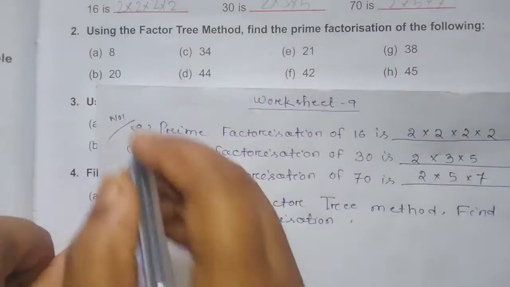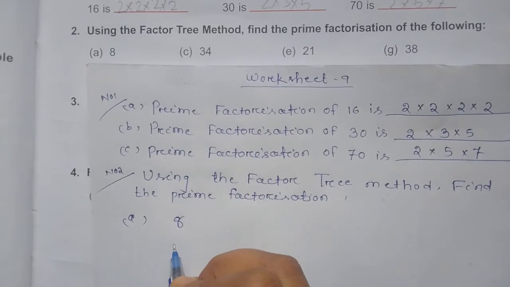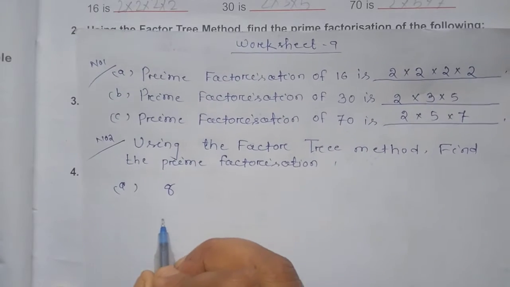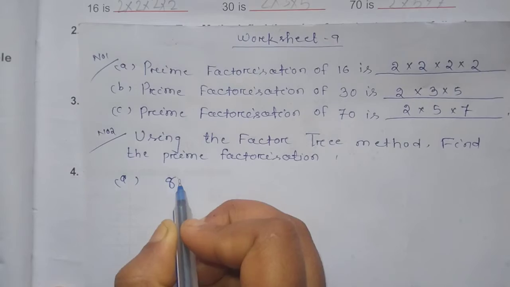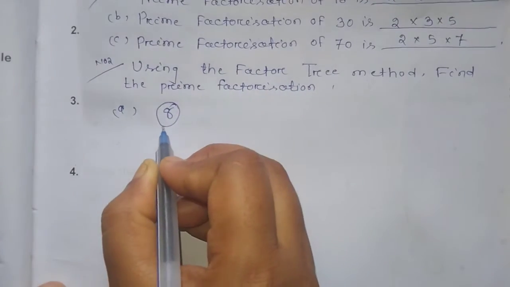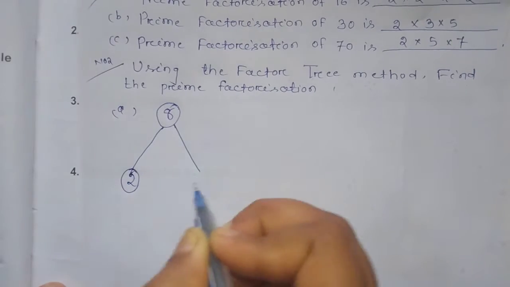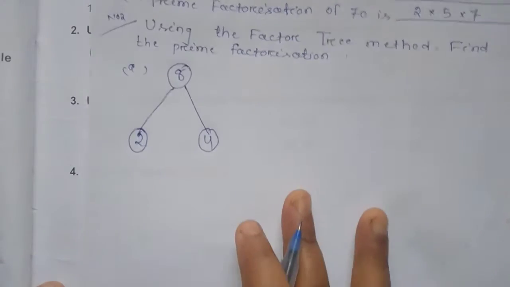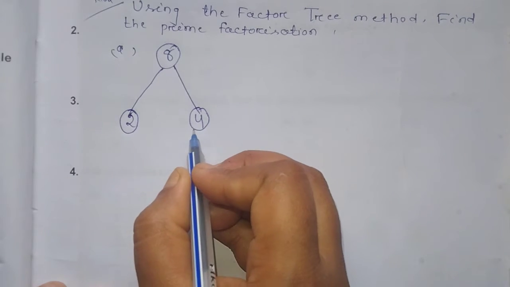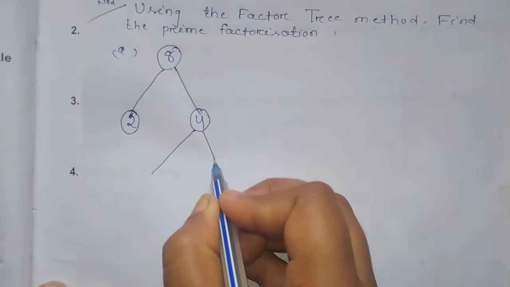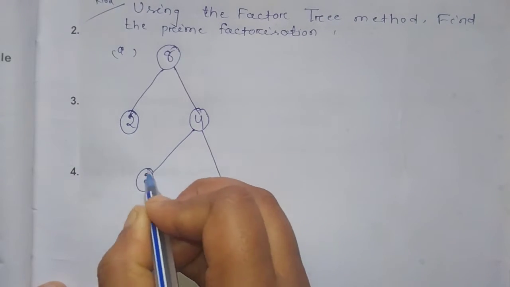A, 8. First we can break 8 into two factors, that is 2 and 4. 2 is a prime number and 4 is a composite number. Then we can again break 4 into 2 and 2.